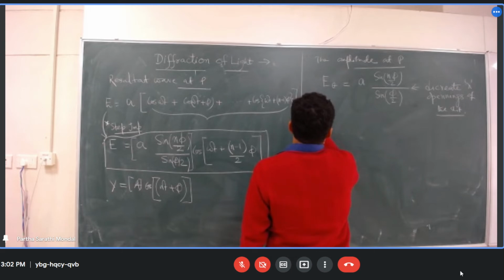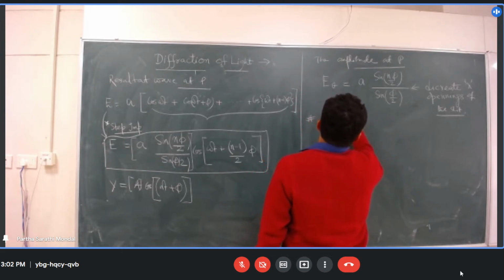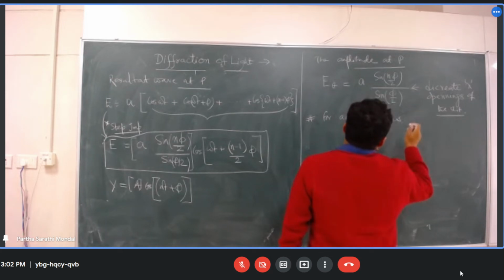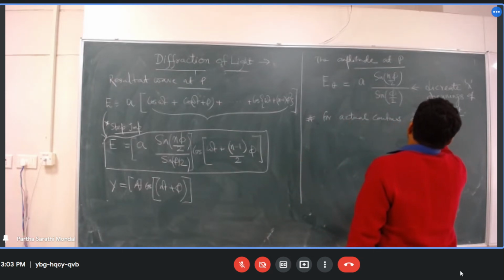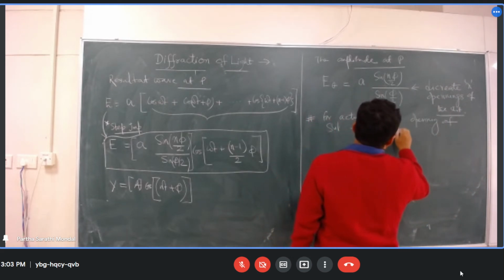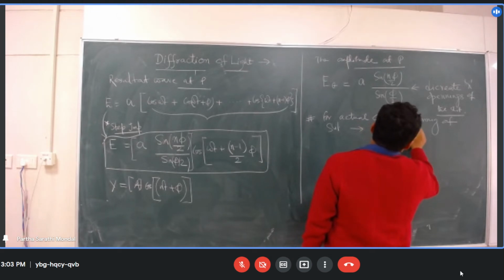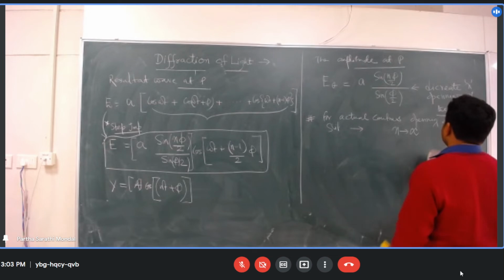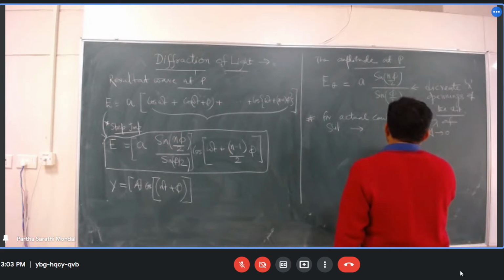So now for the actual continuous opening of the slit, we have to put n tends to infinity. So that means consequently delta tends to 0, but delta into n will give you b. We mentioned this earlier.